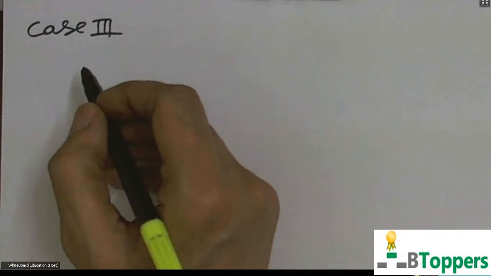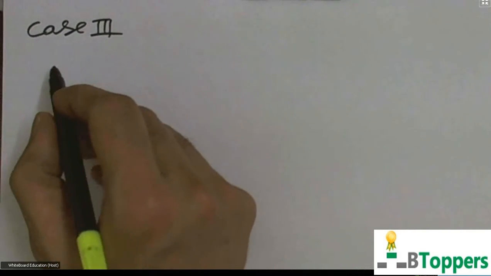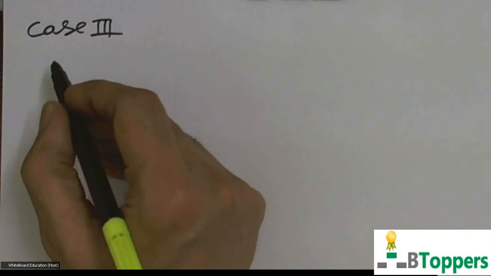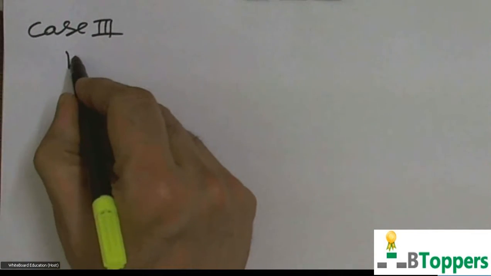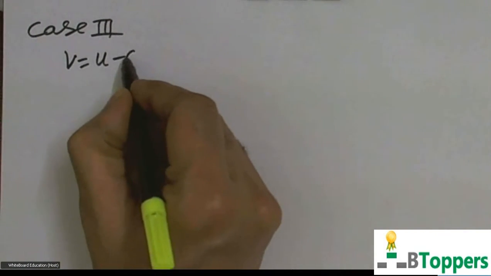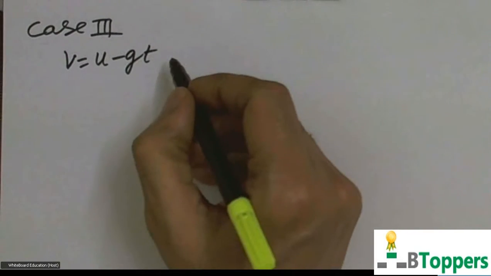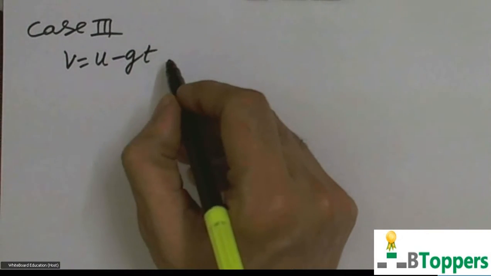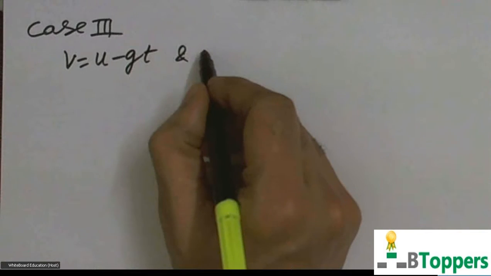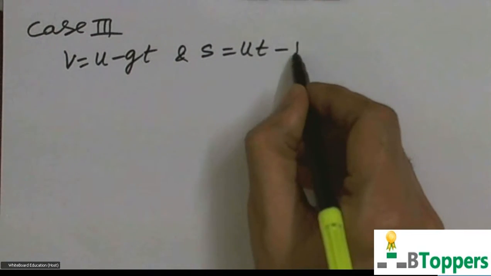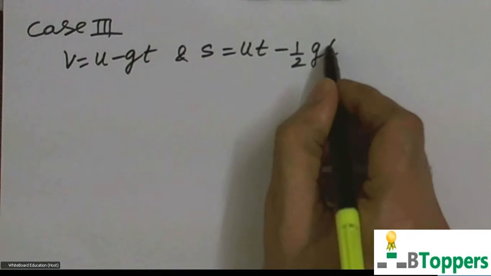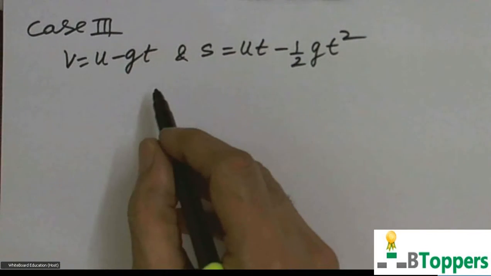In the case of a body projected vertically upwards with initial velocity u, which moves only under the influence of gravity after projection, we can write v equal to u minus gt. I mean the velocity at time t after projection is given by v equal to u minus gt. And the displacement at time t measured from the point of projection is given by s equal to ut minus half gt square.